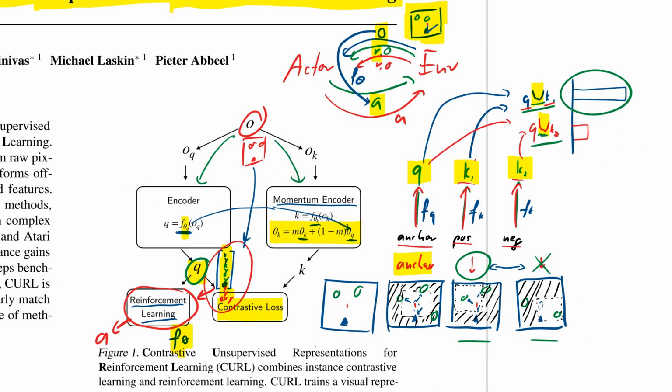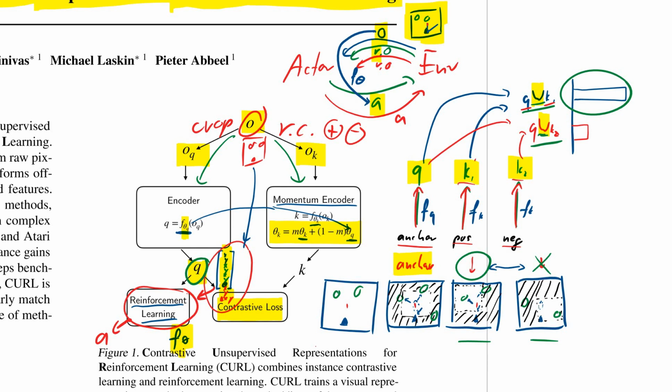So to recap, you take your observation, you encode it as a query, you crop here for your anchor, that gets your query, and then you random crop for your keys, right, into positive and negative samples. So you random crop from the same observation or from different observations, right?